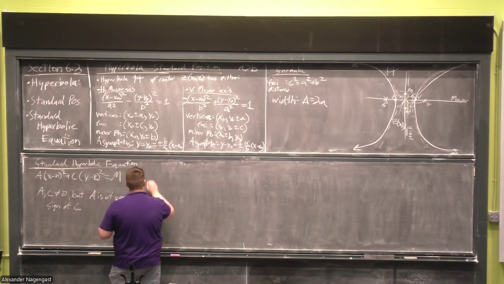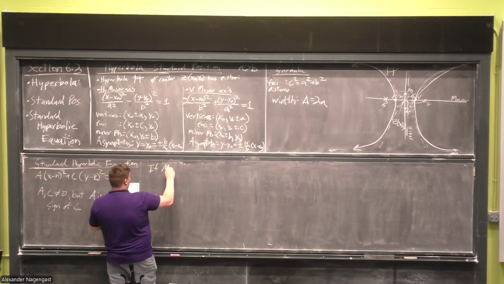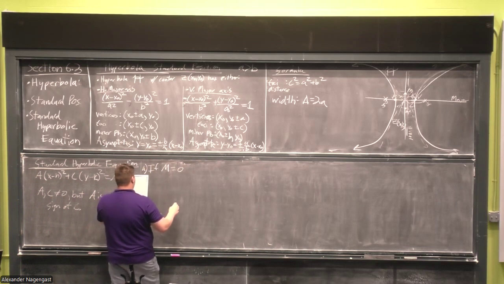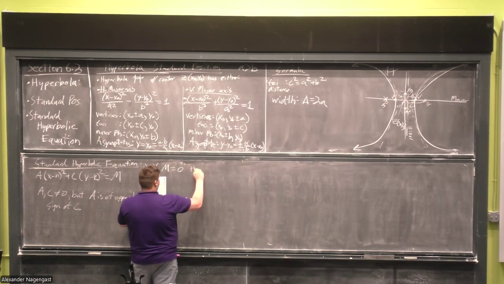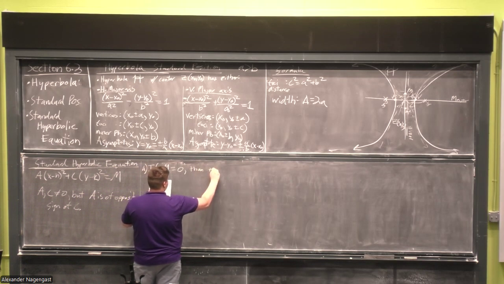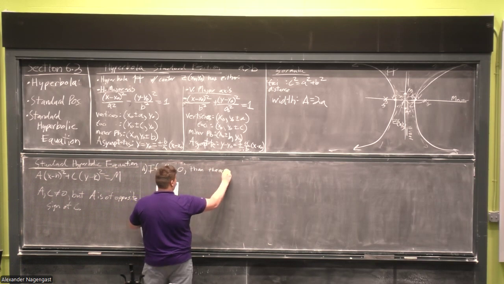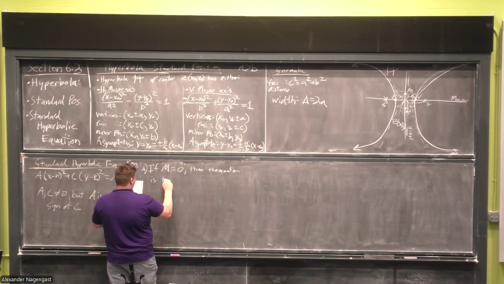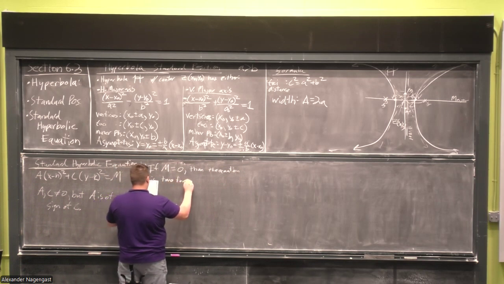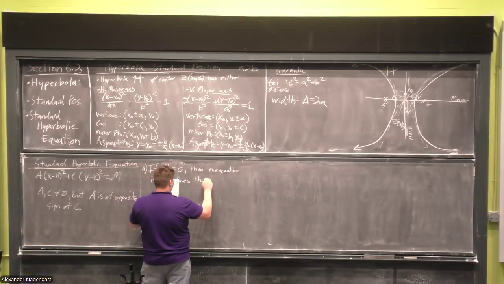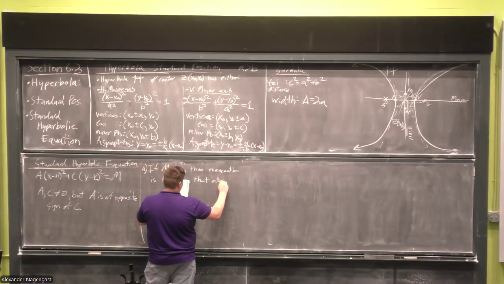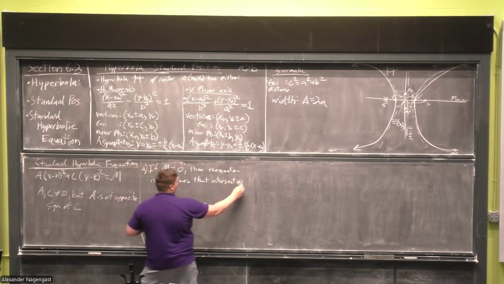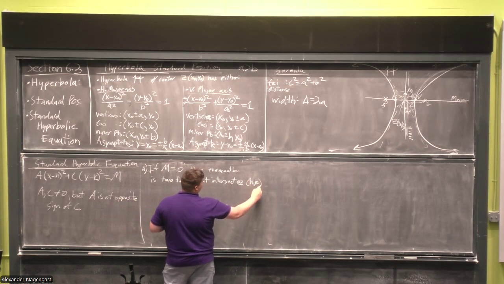So if m equals 0, then the equation is two lines that intersect at the point h, k at the center.